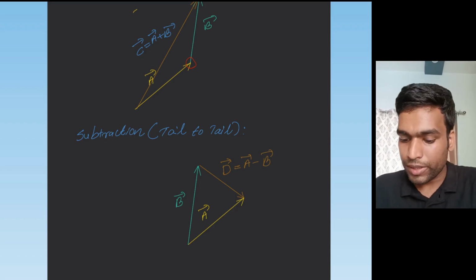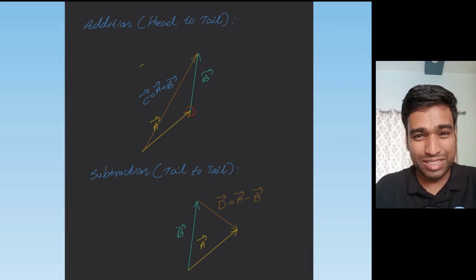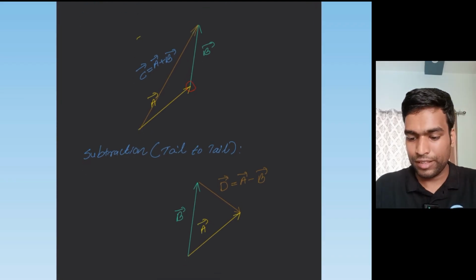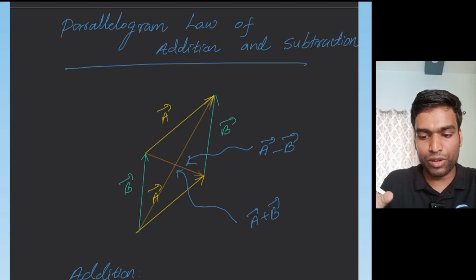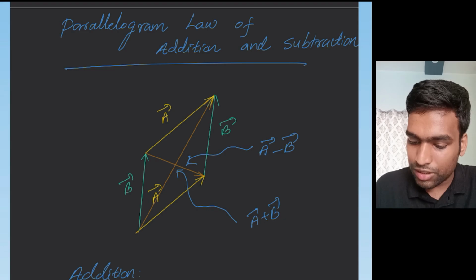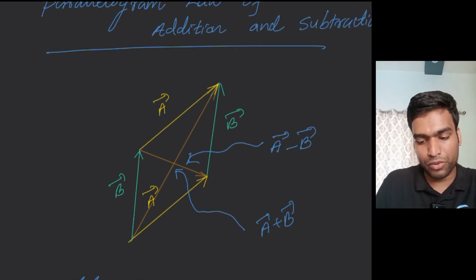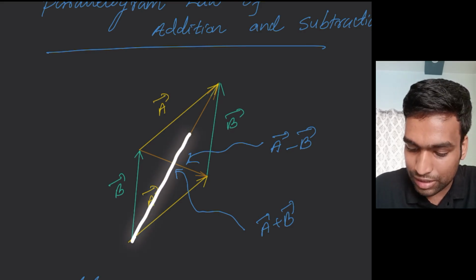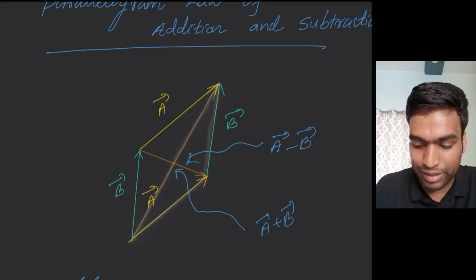Okay, right. So we can combine these two ideas of addition and subtraction into a single picture. Isn't that interesting? So here you can see the parallelogram law of addition and subtraction. In this, both addition and subtraction are represented beautifully. We have seen this a plus b using the head to tail method, right?